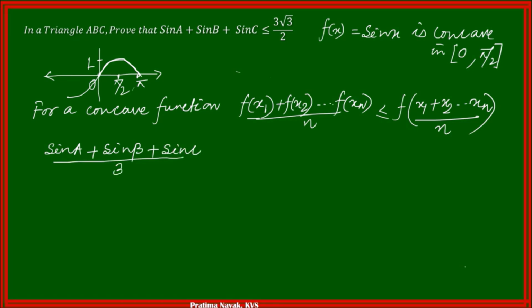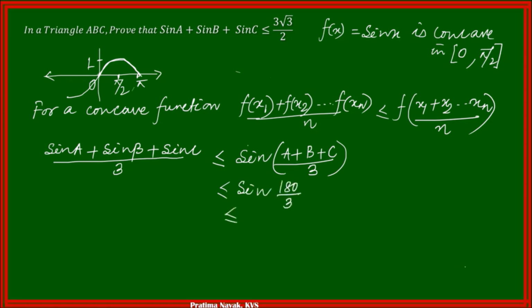That means it is less than or equal to sine of (A plus B plus C) whole by 3. So A plus B plus C gives sine 180 degree, so sine 180 by 3 is the same as sine 60 degree, and sine 60 degree is equal to root 3 by 2.